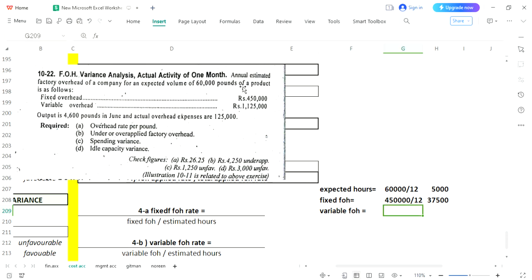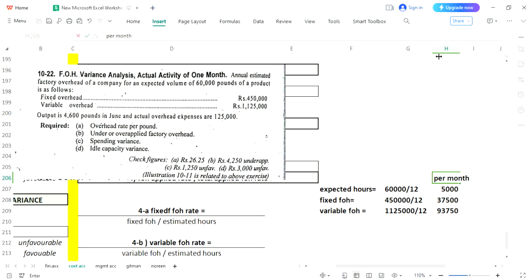For that, 11,25,000 will be divided by 12, with which you will get per month variable FH. On the calculator, you will write 11,25,000 divided by 12. So all three amounts are changed into per month.